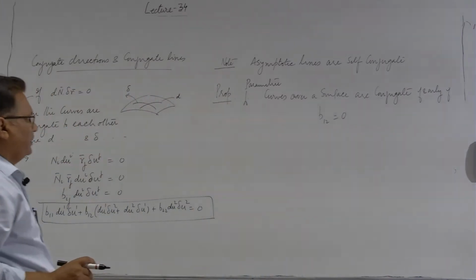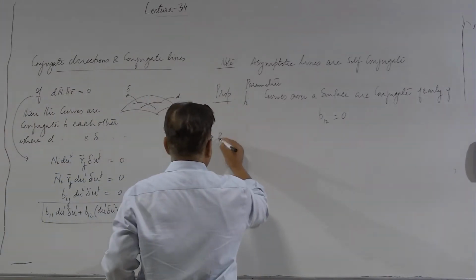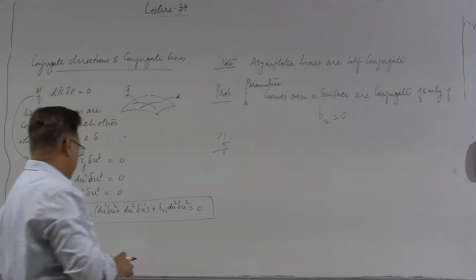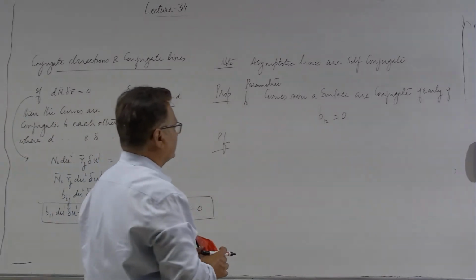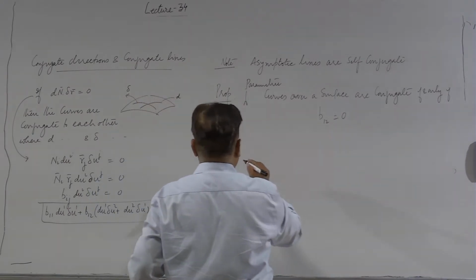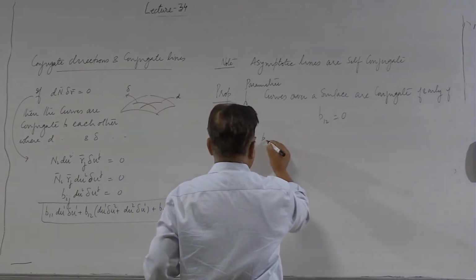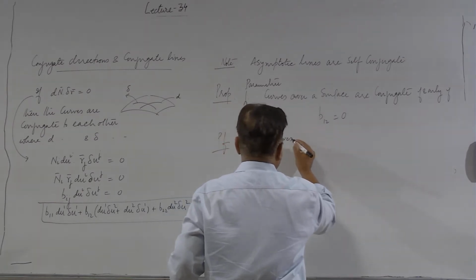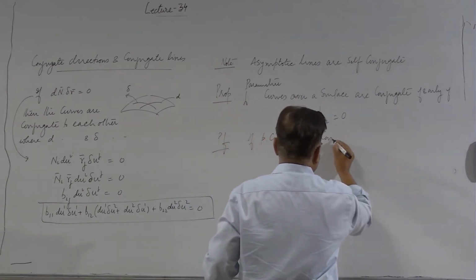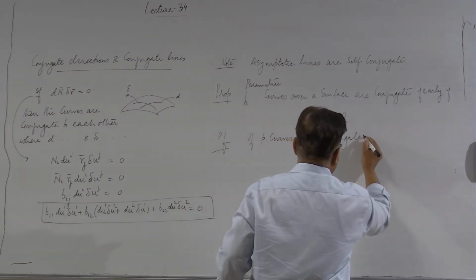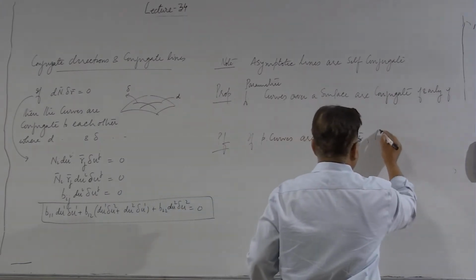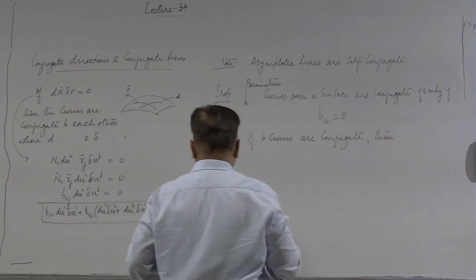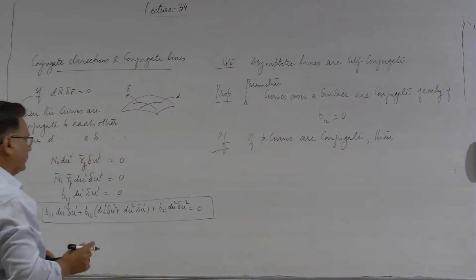This condition is easy to establish from this defining relationship. This is the defining condition for curves to be conjugate to each other. So, suppose I have parametric curves which are conjugate. Then what will happen? Let us see roughly.